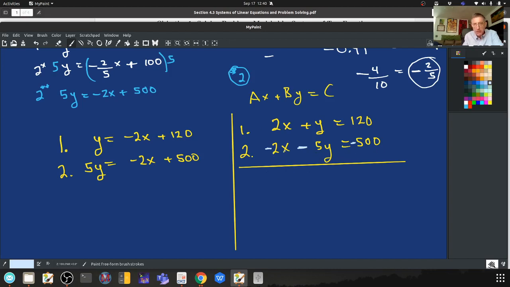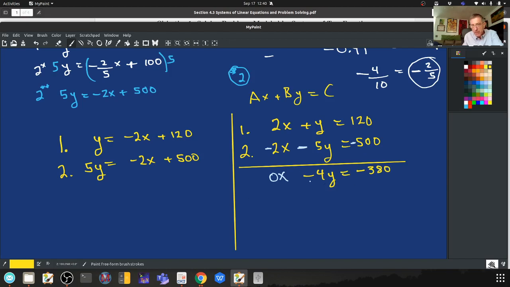So now we're going to do vertical addition. 2x minus 2x is 0x, so you don't have to write down 0x. Plus y minus 5y is minus 4y. And 120 minus 500 is the same as 500 minus 120, and that gives me minus 380.